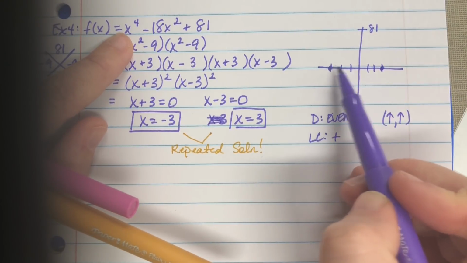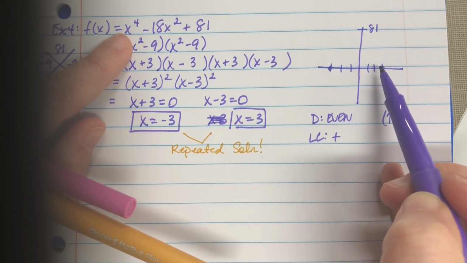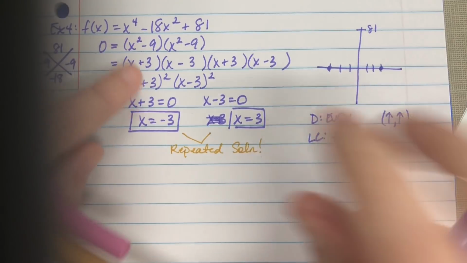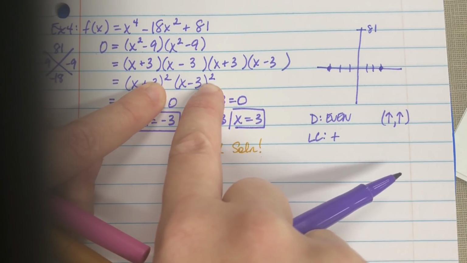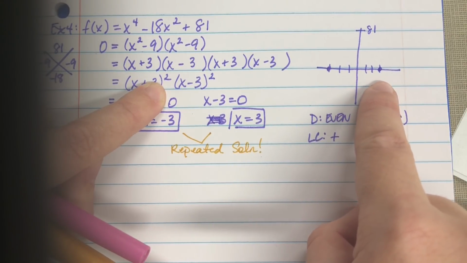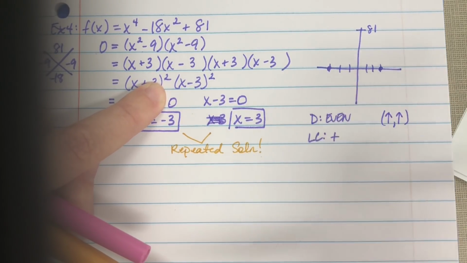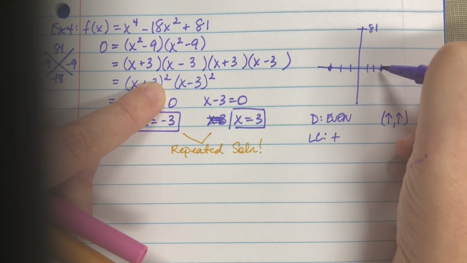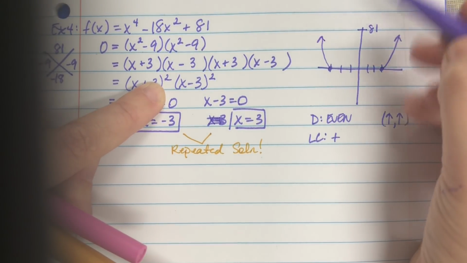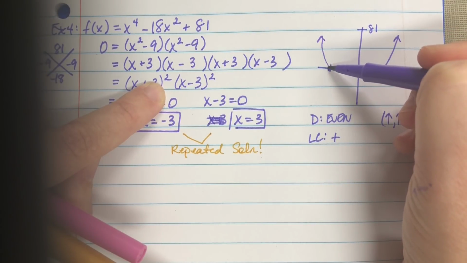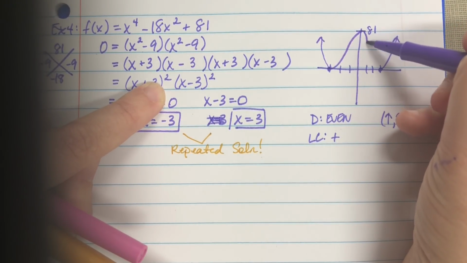Now, when it comes to my x's, I have to know, is it bouncing off or is it going to cross over? Your repeated solutions were even, just like the last problem. So at each of my x's, it is not going to cross the x-axis, it's simply going to bounce off of it. And then we just said it will bounce off of the x-axis on both of them.